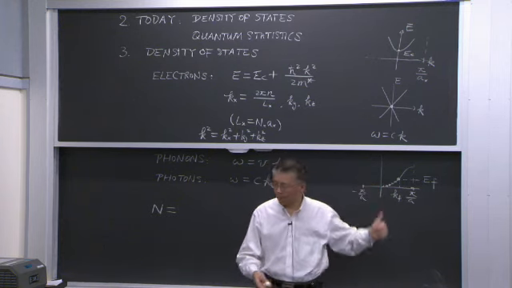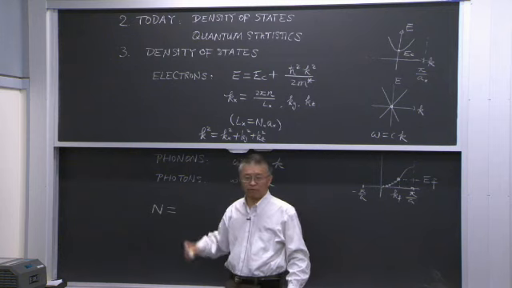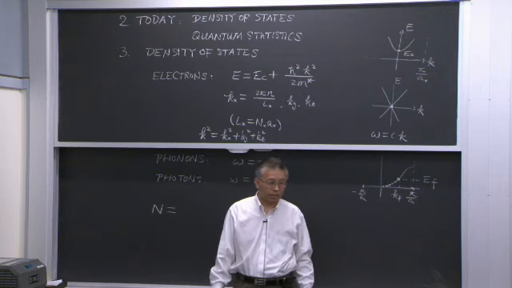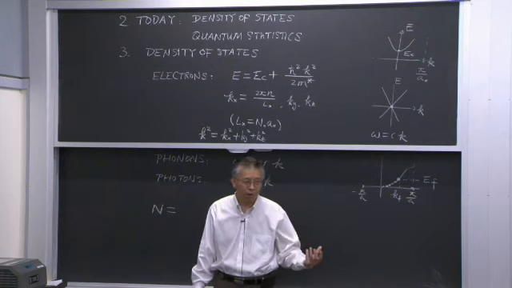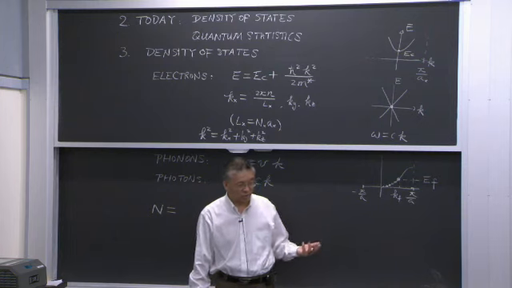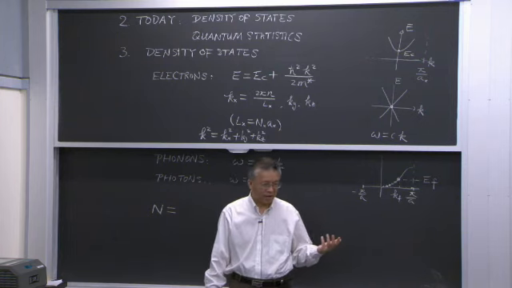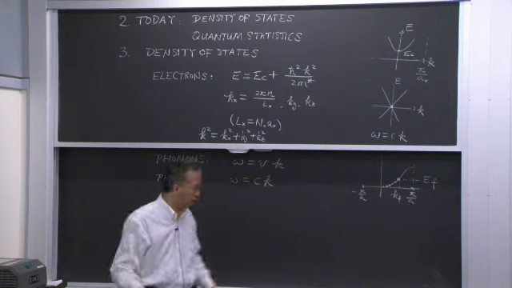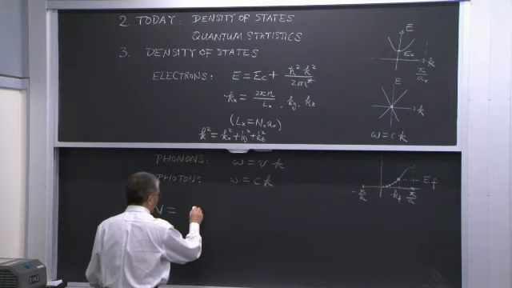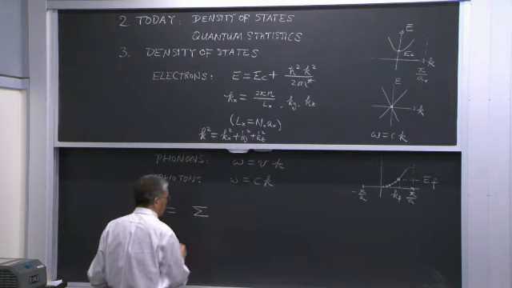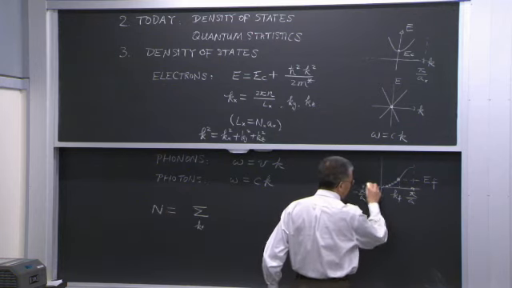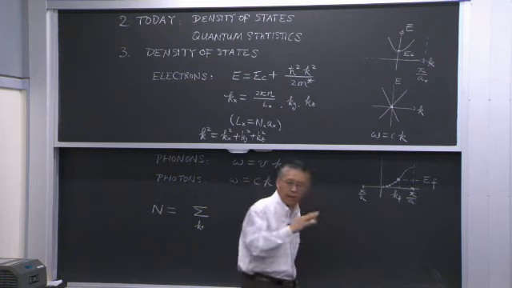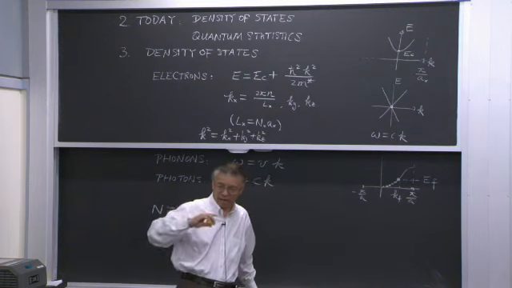So I add up, and that total should give me the total number of electrons n. Recall this is a huge number, right? If I say one mole, the Avogadro constant, 10 to the 23rd, it's going to be a very large summation. So for kx, any of those allowable values below kF, I have many points there.